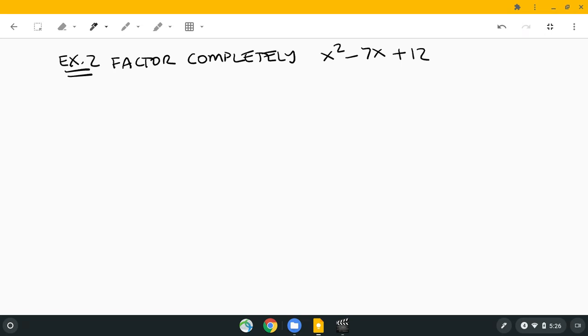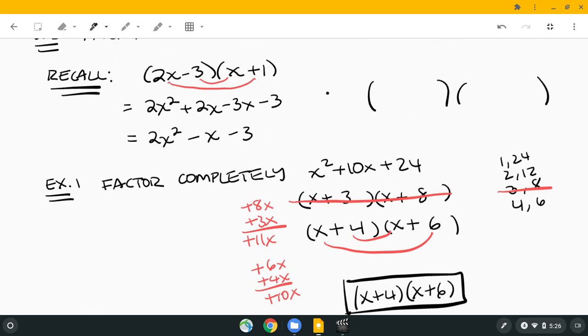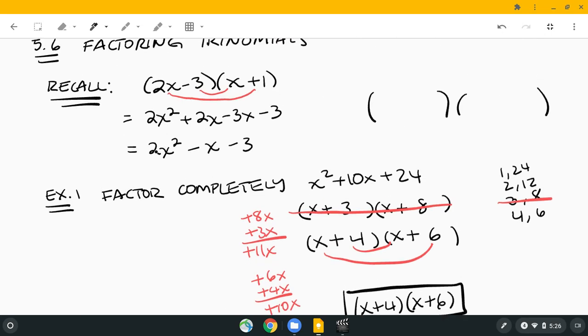Again, we're trying to figure out the 2 binomials that we multiply to get this trinomial. So we're trying to figure out what times what is x squared. Whenever it's just an x squared right there, it makes it a lot easier. When we start getting into something like this, where you have a 2x squared or some other constant here, then it gets a little more complex.